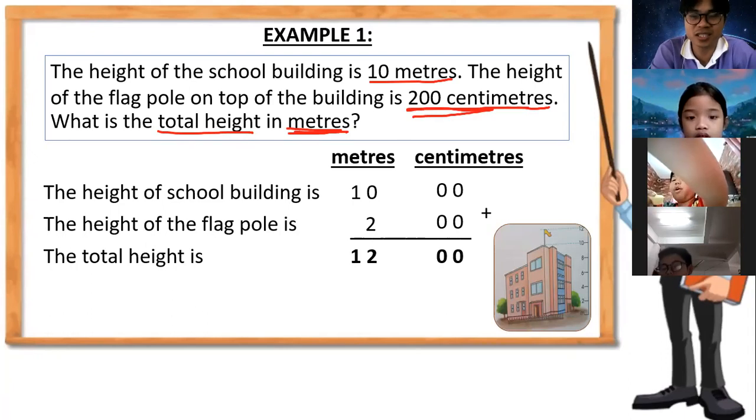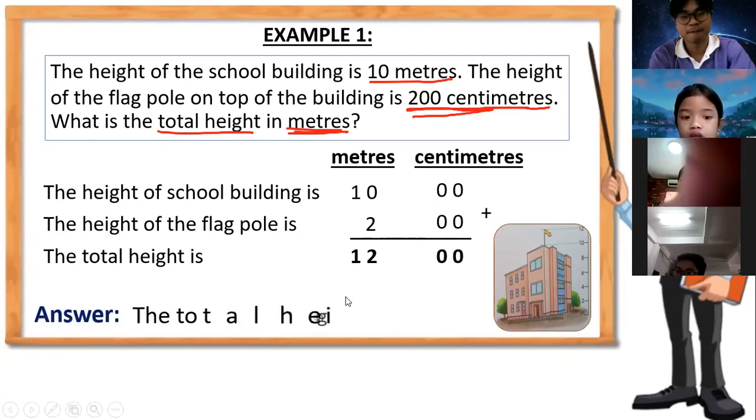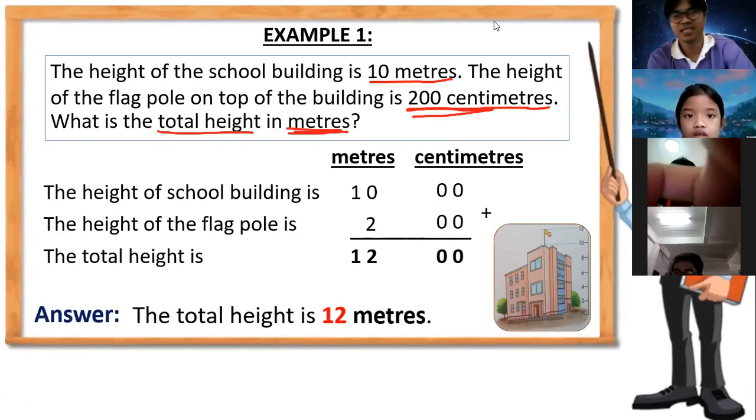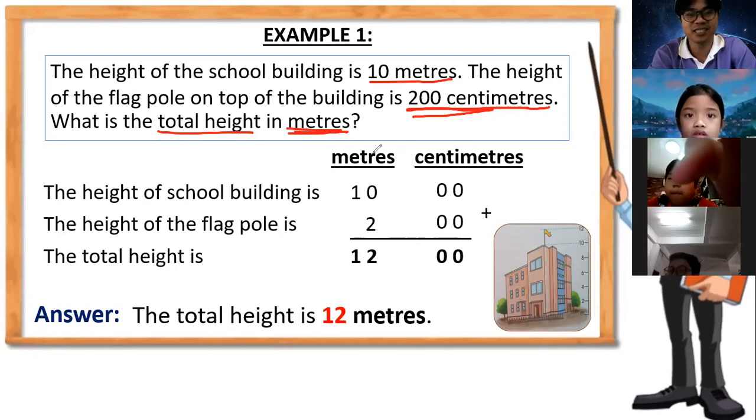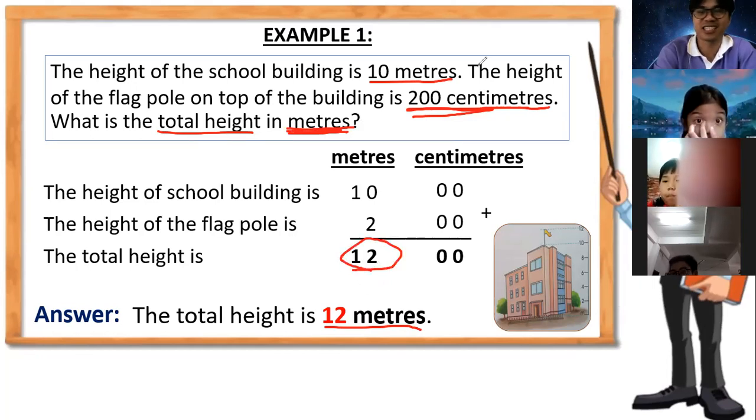But since the question asks for the total height in meters, our answer should be in meters. So the total height is 12 meters, because the question is what is the total height in meters. Understand? Yeah, 12 meters.